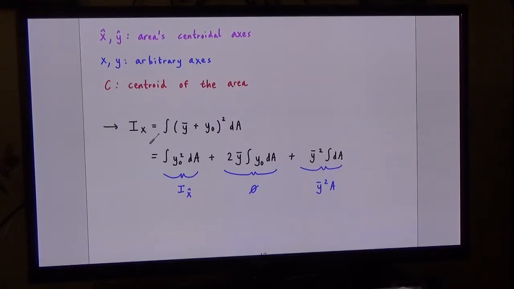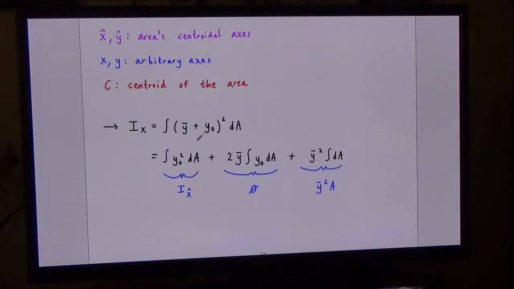Then I plug that into my equation, I about x. Here's integral of y squared dA. Y bar plus y0, that's y. And then I square this. This is a polynomial, so I'll have 3 terms that come out of it. And I'll look at each of the terms individually.